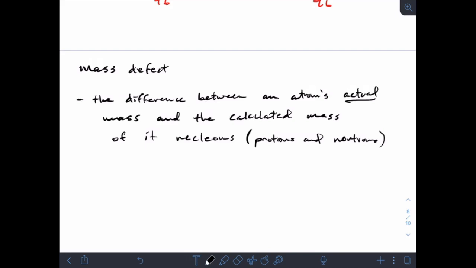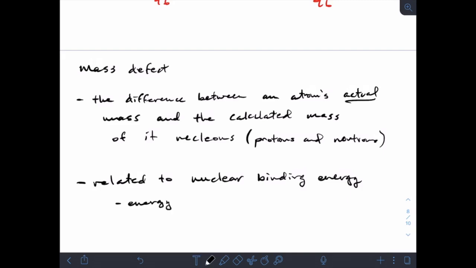But the part I do want to go over is how it's related to nuclear binding energy. Nuclear binding energy is the energy needed to break apart a nucleus.